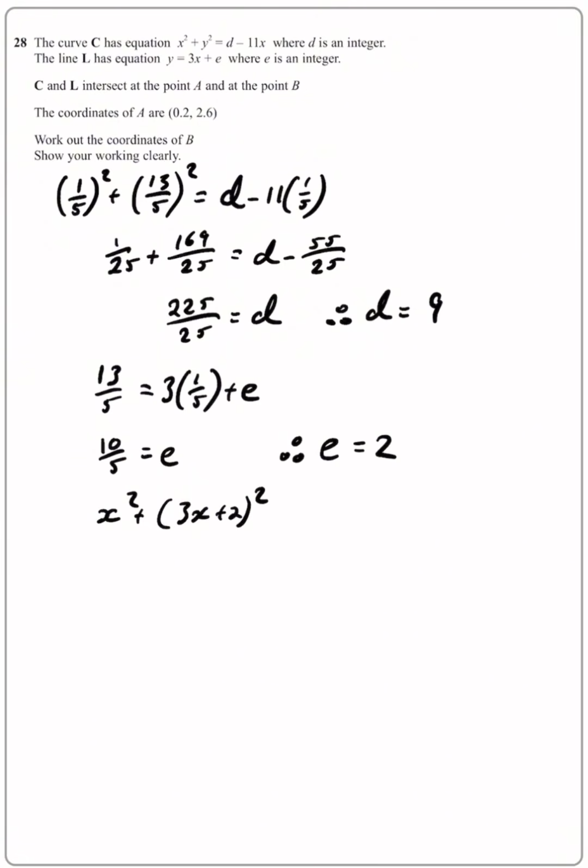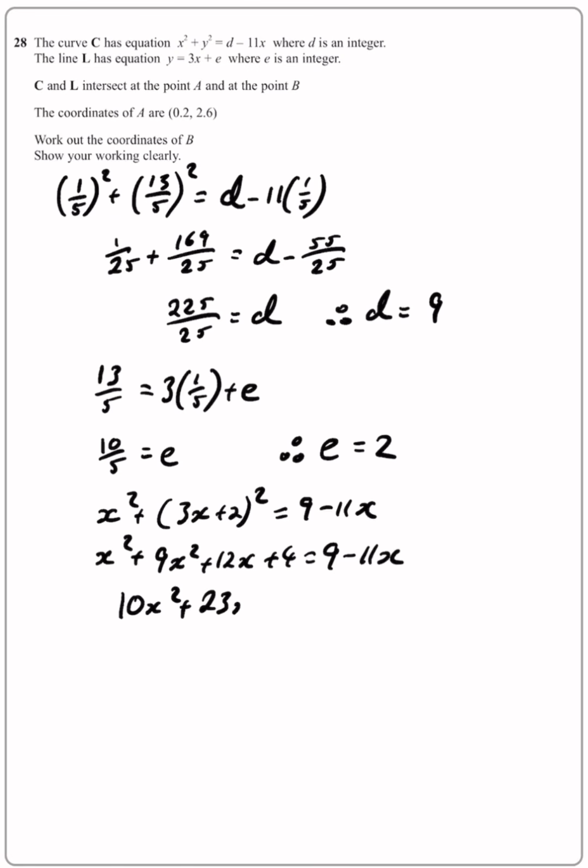I can substitute that into the top equation. So now instead of x squared plus y squared, it becomes x squared plus 3x plus 2 all squared equal to 9 subtract 11x.